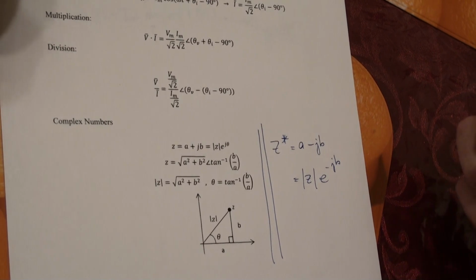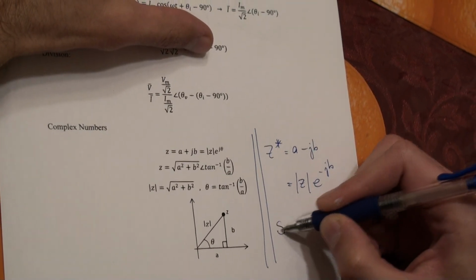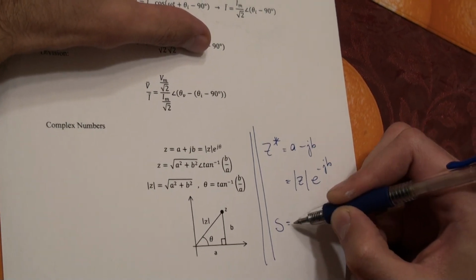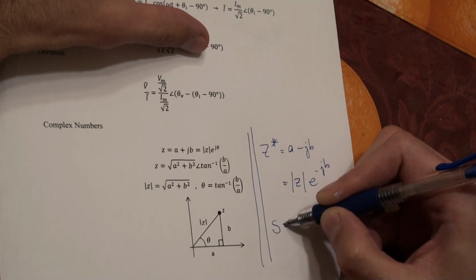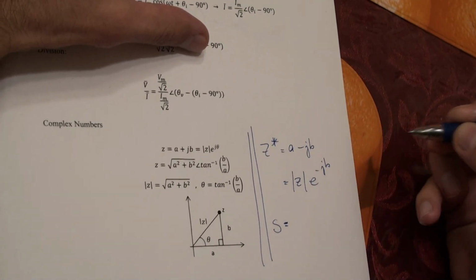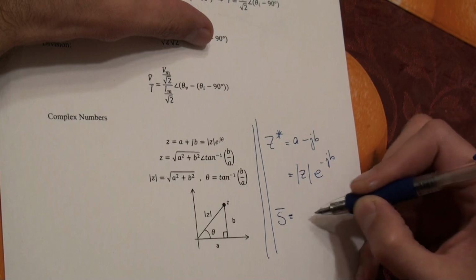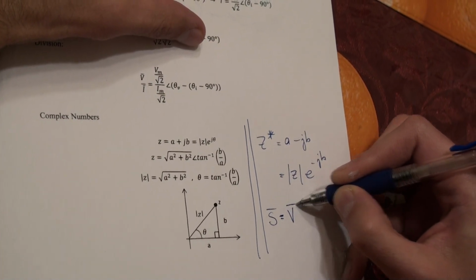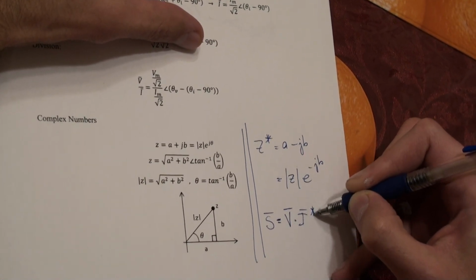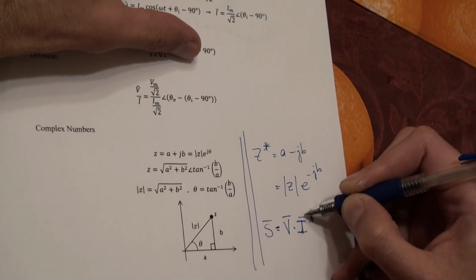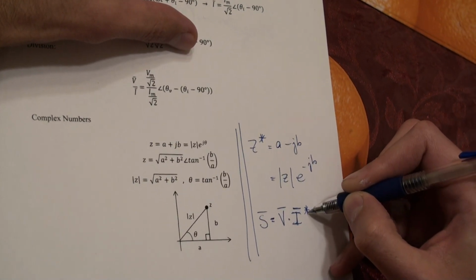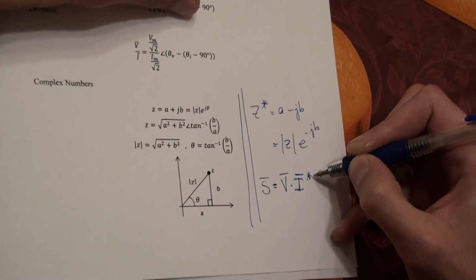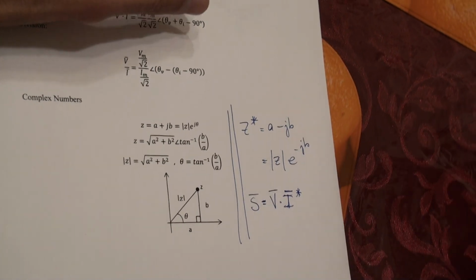That becomes important when you're dealing with apparent power. Your complex power, and the apparent power is the absolute value of the complex power. So let's say this is the complex power. It's going to be V times I conjugate. It's very easy to make this mistake. Remember, it's I conjugate. It's I conjugate.